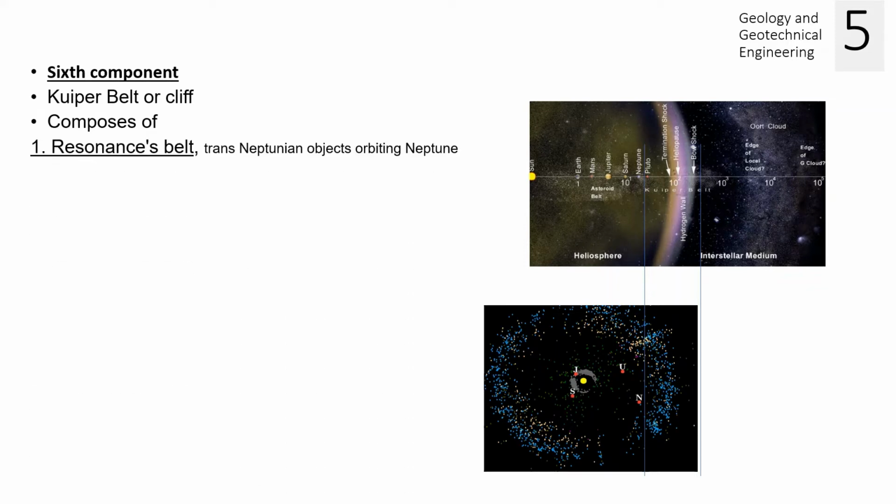The first one is the resonance belt, which is trans-Neptunian objects orbiting the planet Neptune, and we have the classical belt, which is also called the Kuiper-Ono belt, orbiting beyond the resonance belt.